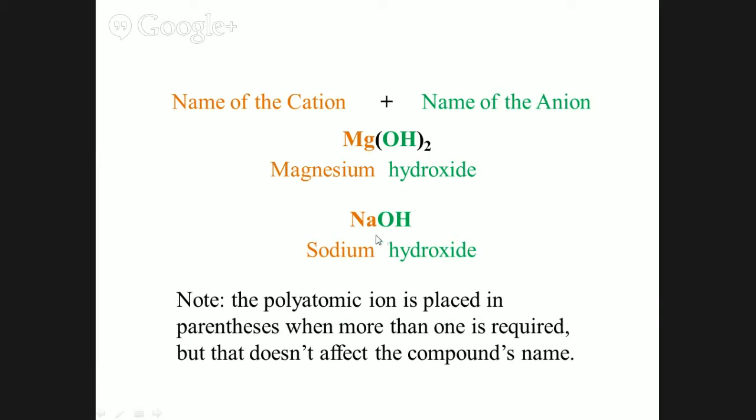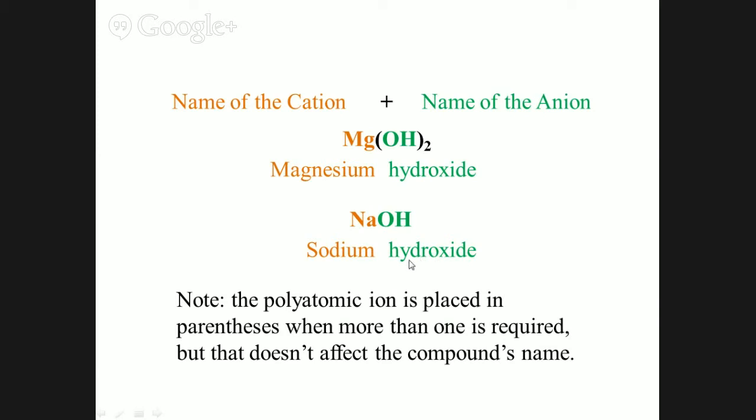On the other hand, sodium hydroxide: sodium is a +1 charge as an ion, hydroxide is a -1 charge as an ion, so I only need one of each. They're both hydroxide. I do not change how I say the name just because this had one and that one had two. It's just two parts: the cation name, the anion name, and nothing else. So this one's magnesium hydroxide, and this one's sodium hydroxide.